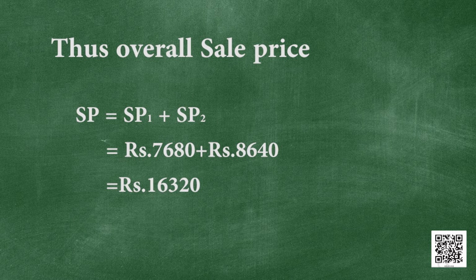So, that is equal to rupees 7,680 plus rupees 8,640. On summing these two, we get that as rupees 16,320. Students, so therefore, the cost price here is rupees 16,000 and the sale price is rupees 16,320. So, clearly the cost price is less than the sale price. So, therefore, here it is a case of profit.